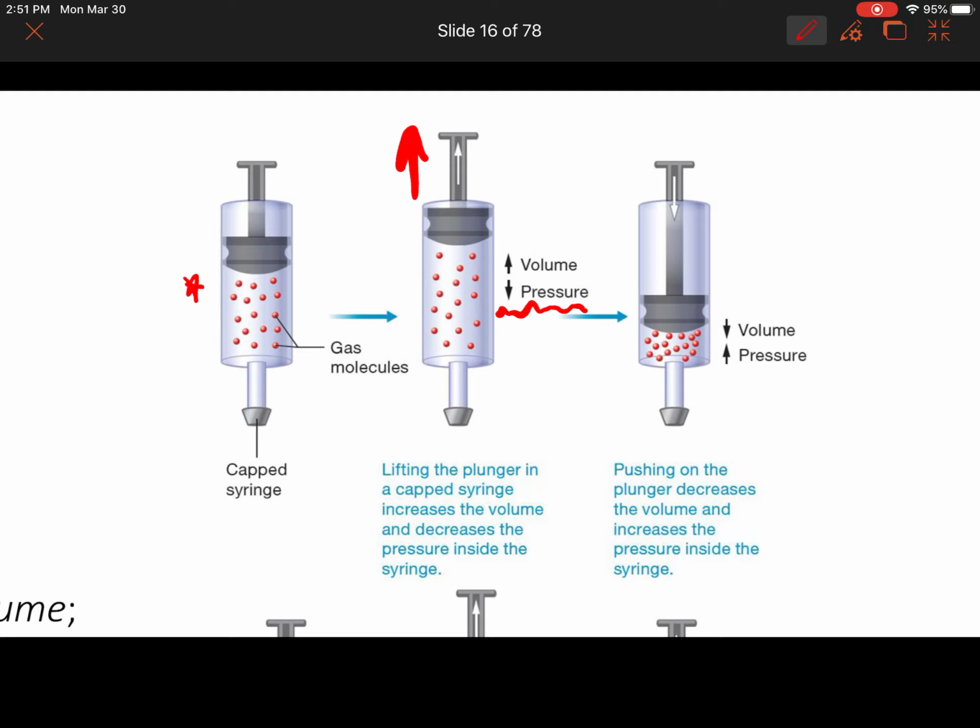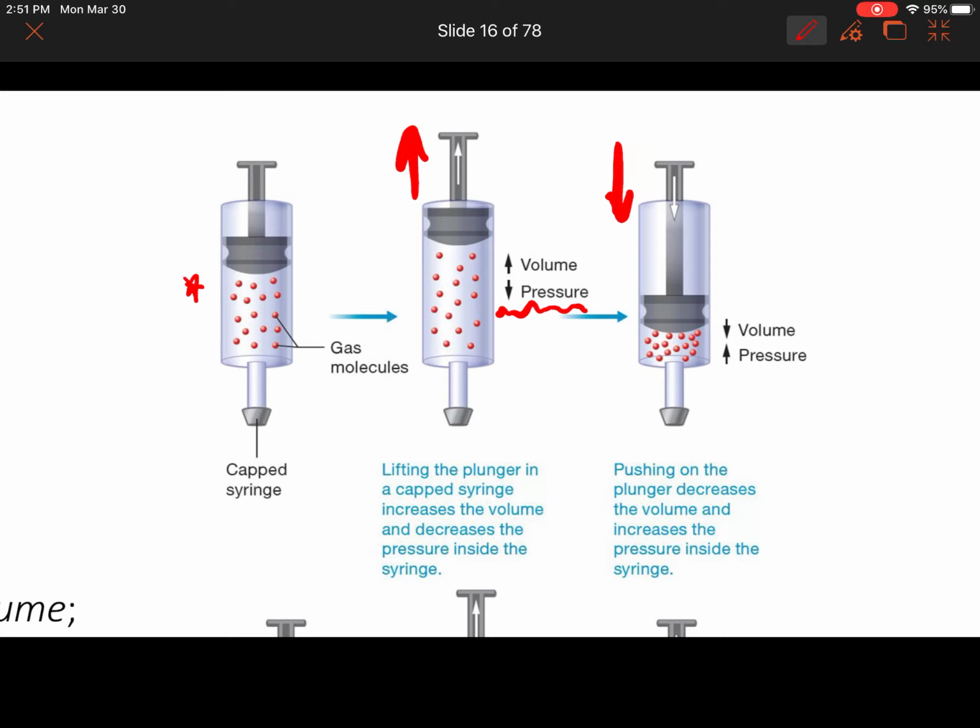Okay. So on the far right of this diagram, we have our gas-filled syringe, but this time we're going to push the plunger in to the syringe. That ultimately reduces the volume within the cavity of the syringe.